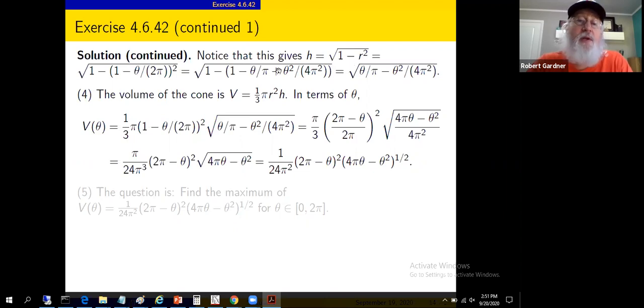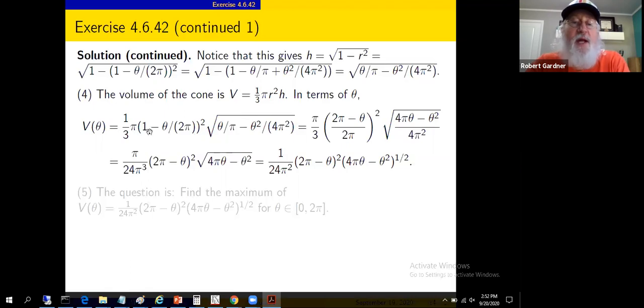We had substituted in. Here's r squared, 1 minus theta over 2 pi, squared. We had h expressed here with this square root stuff. So there's the volume of the cone as a function of theta. Let's see if we can clean it up a little bit, because we're going to have to differentiate this thing. Okay, so let's see.